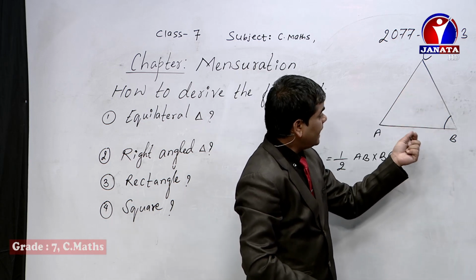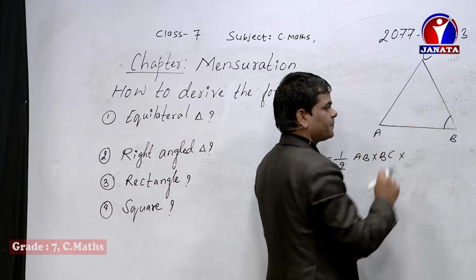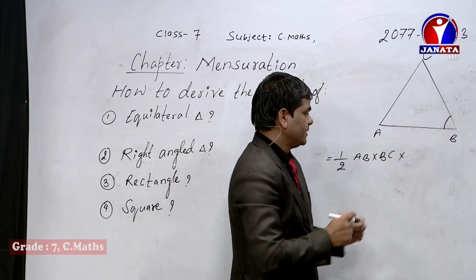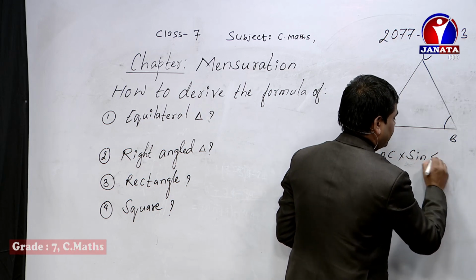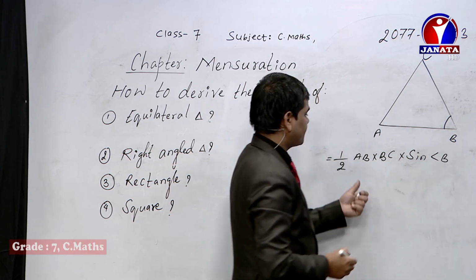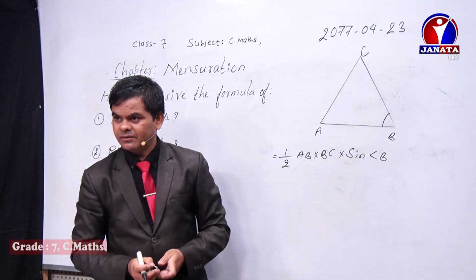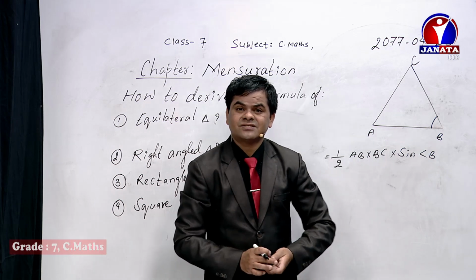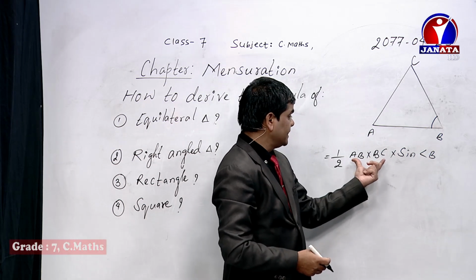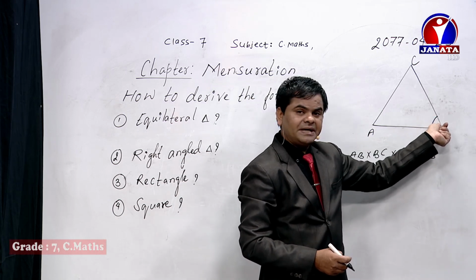And the angle in between AB and BC is angle ABC or angle B. So that angle we use in terms of sine, angle B. This is the formula of finding out the area of a triangle having one angle. One angle if given, and if its two adjacent sides are given, two adjacent sides means these two, they are adjacent to each other by the angle B.